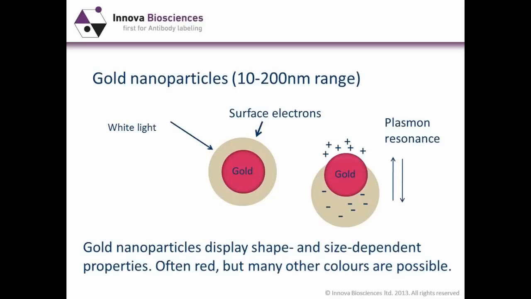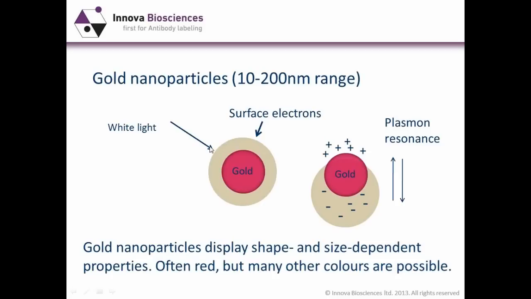So this really applies to nanoparticles in the 10 to 200 nanometer range. There's an electron cloud around the gold particle, which can be excited by white light. So the energy that is absorbed essentially means that gold displays a red color.